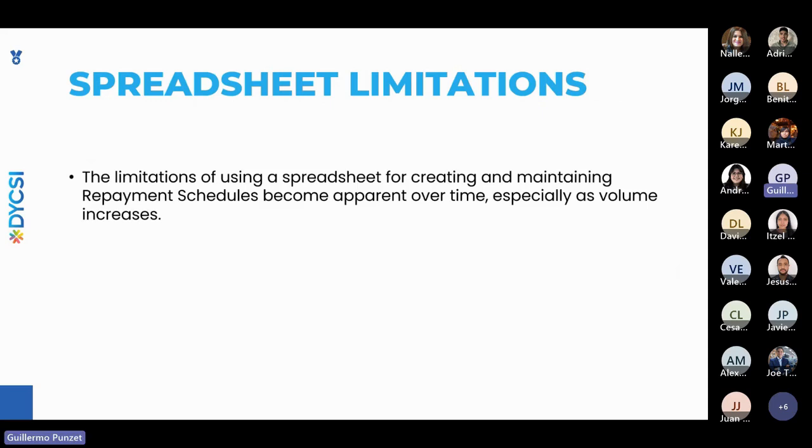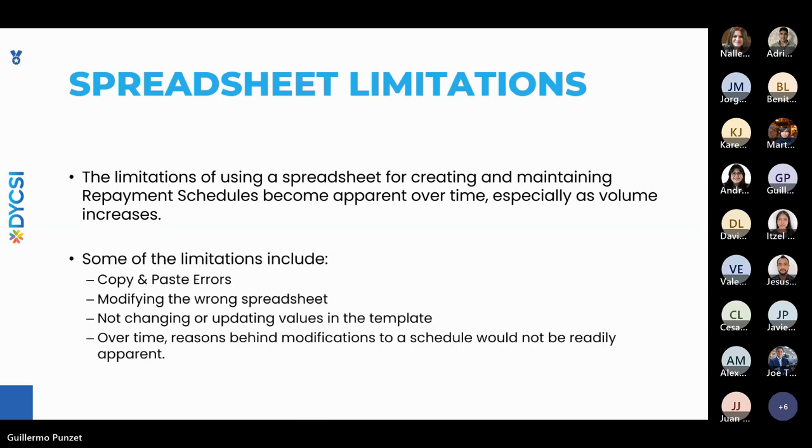But already there are some limitations. For instance, if you service loans with spreadsheets, as some customers do before implementing CML, you could have lots of limitations which will become apparent over time, especially as volume increases. Some very obvious limitations have to do with the spreadsheets themselves.